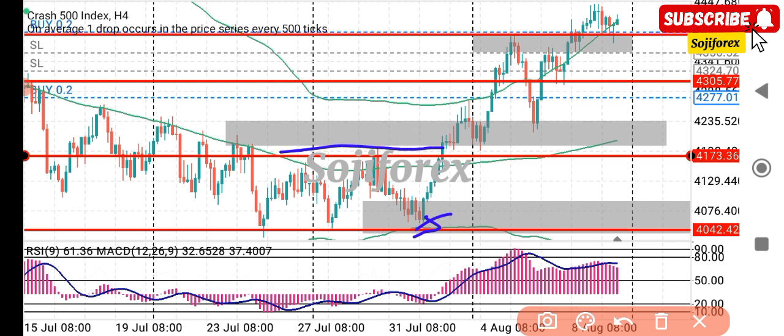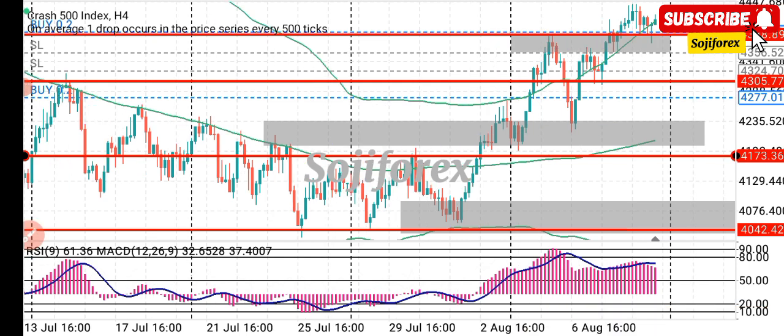As you can see, support and resistance is a zone, it's not a line. I have that one there, and here I have another level. So having done this, I've marked out my area of support and resistance, my area of supply and demand, just as you are seeing on my chart.